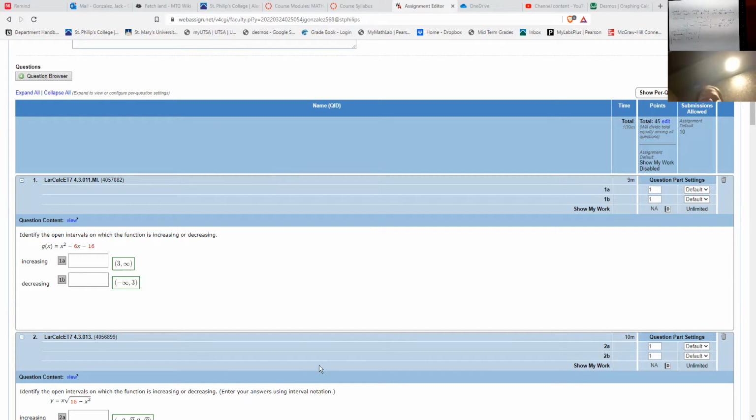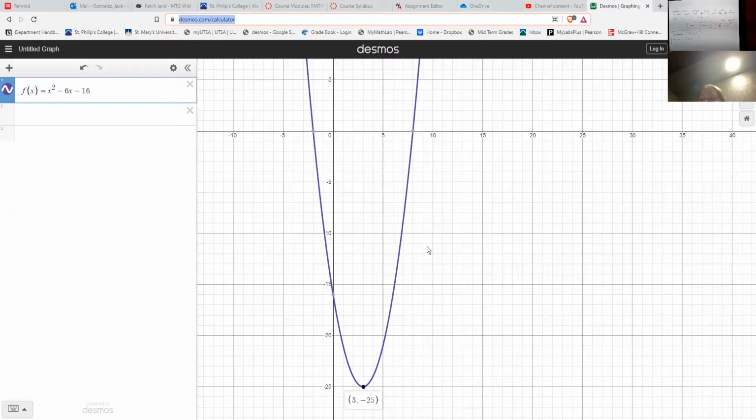If it was just asking us for the domain and range, we would be using brackets, but because it's not asking us that, we use parentheses. We use brackets when we are going to include the point. We're not increasing at 3, so we do not include it. Remember, right at that point, if we go back to the graph, we have a horizontal tangent line right here.